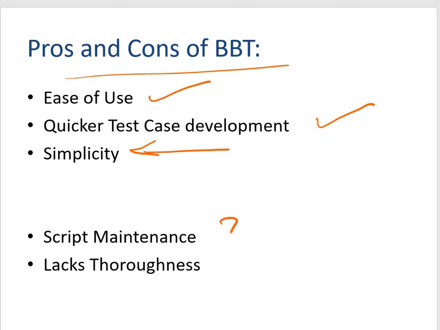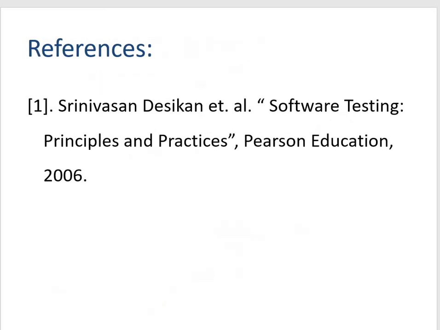The drawbacks are that I need to maintain the scripts, and if I don't have the tools, then I have to rely on these scripts only, and this lacks thoroughness as well, right? It lacks thoroughness.